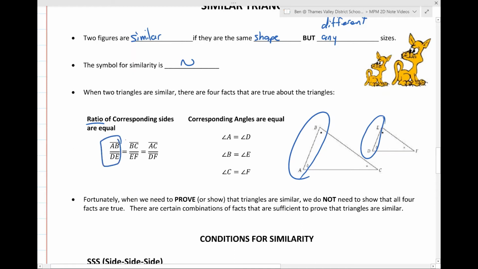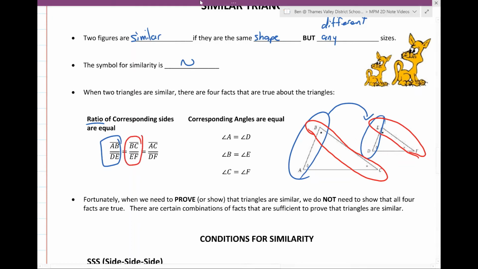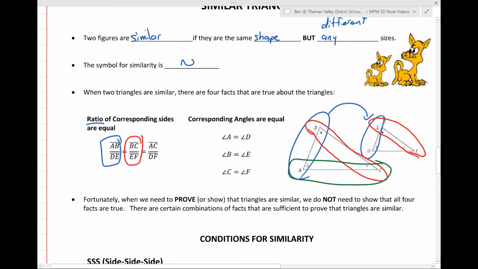So the pair of similar sides will be equal if we divide AB by DE. That's going to give us the same ratio as if we take BC and divide it by EF. And that's also going to give us the same ratio as if we take AC and divide it by DF in here.